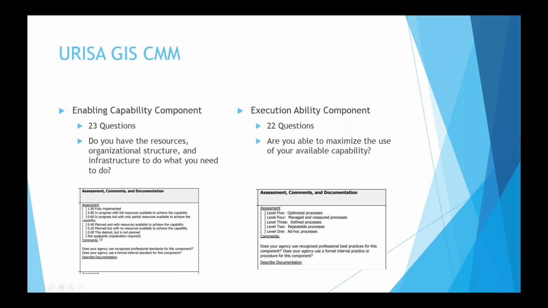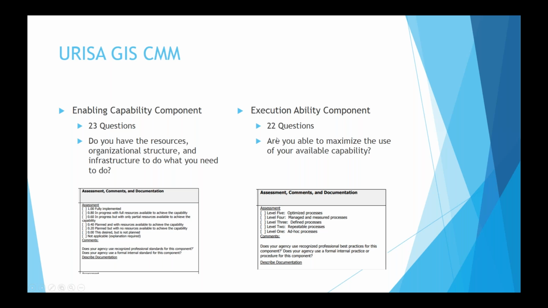So either the question doesn't apply to you, at the bottom, or you mark off 0: we'd like to be at this level, but we're not. And it goes all the way up to a 1, where you're fully implemented. So that's the enabling capability part. The other component of Esri's model is the execution ability component, which has 22 questions.